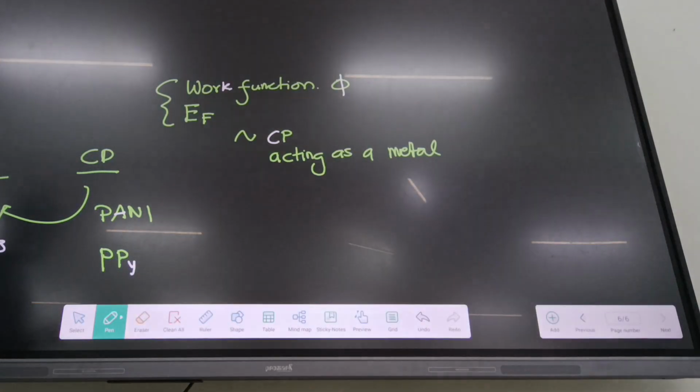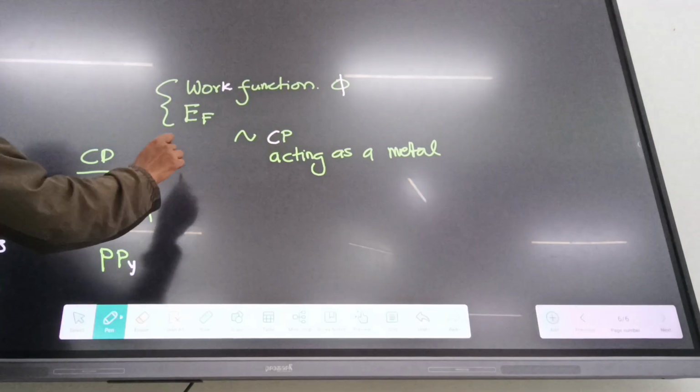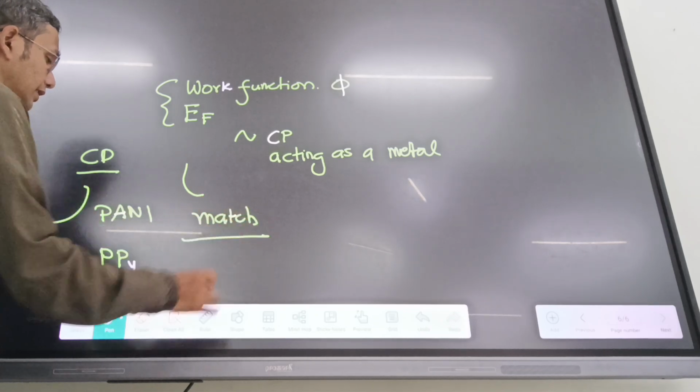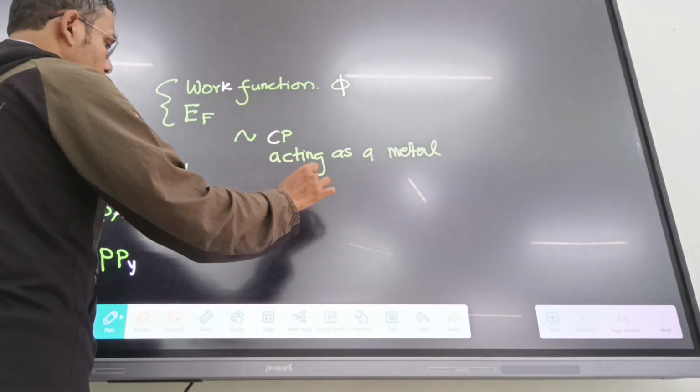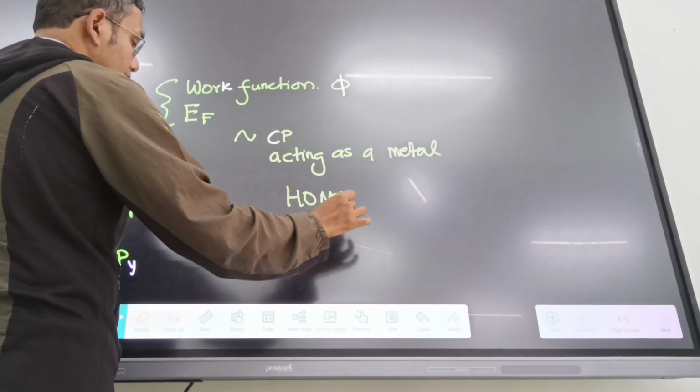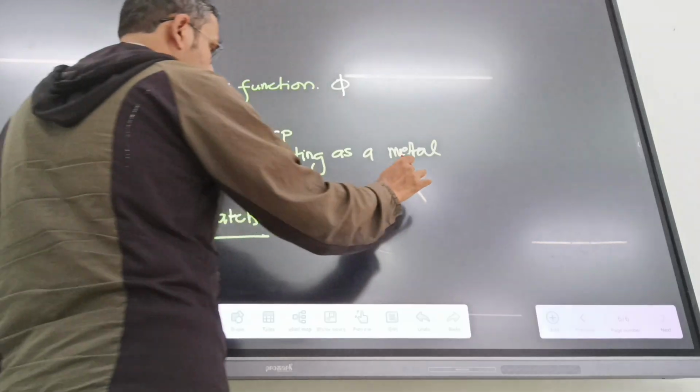So these given parameters should match with the homogeneity of the gas.